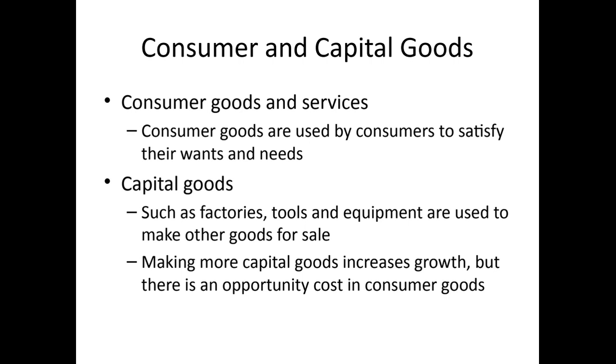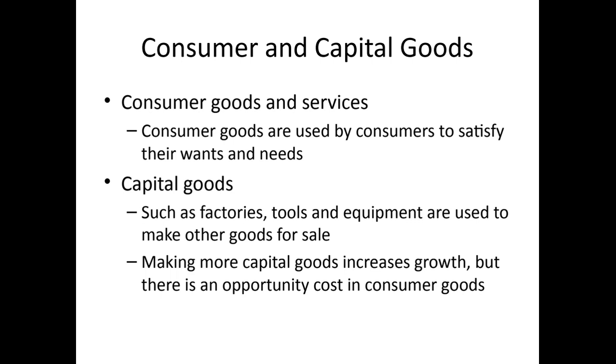But suppose I am a carpenter and I buy a hammer from Canadian Tire to produce a chair, and then I want to sell that chair in the market, then that hammer is considered a capital good. So the same product can be used as a consumer good or a capital good. But some products are purely consumer goods, and some products are purely capital goods as well.